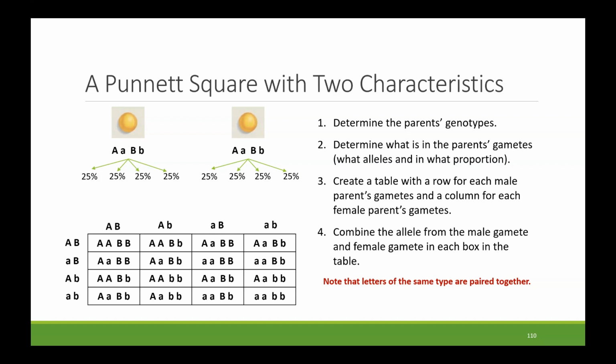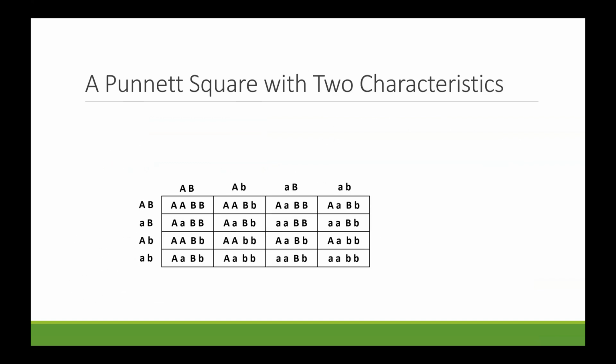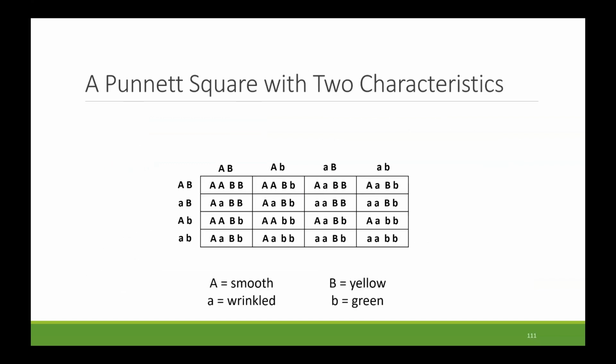But what do they look like? We know their genotypes, but what are their phenotypes? To find this out, you have to look at each of the individual boxes like we did before and determine what traits will be expressed based on the letters that the offspring has. So the pea plant represented by that very first upper left-hand box will be smooth and yellow.